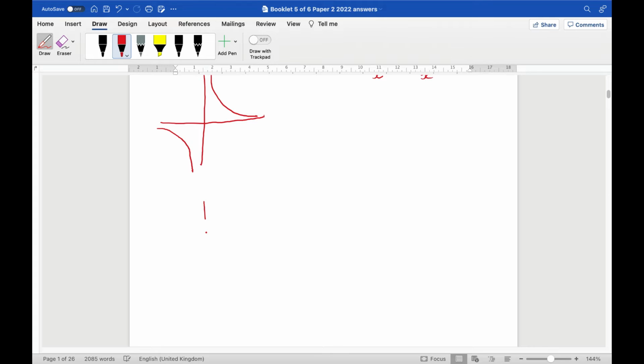Quadratic graphs, oh dear me. Quadratic graphs are y equals a x squared, right? Now, that might be it. That makes it a quadratic graph, just having the x squared there. Now, if a is positive, then it is U-shaped.